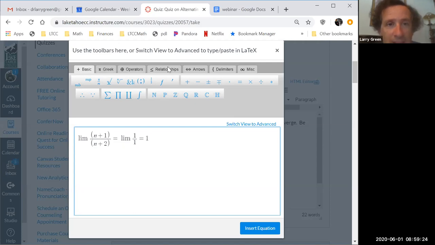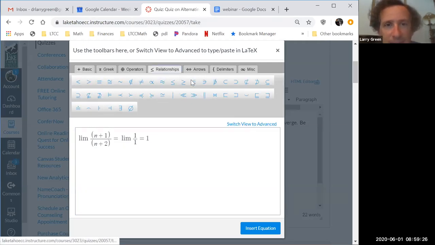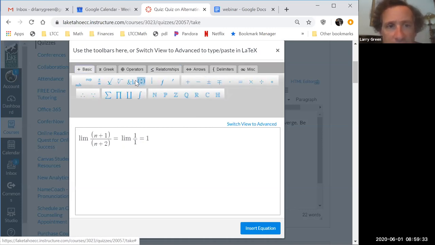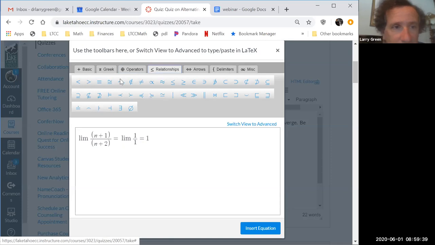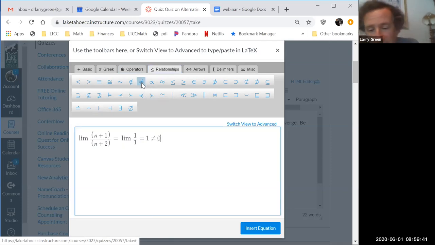And the important thing is that 1 is not equal to 0.